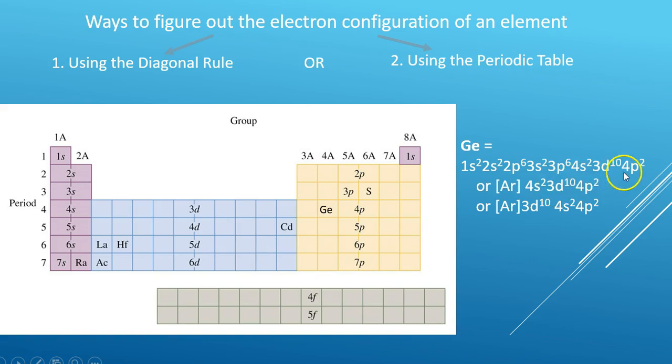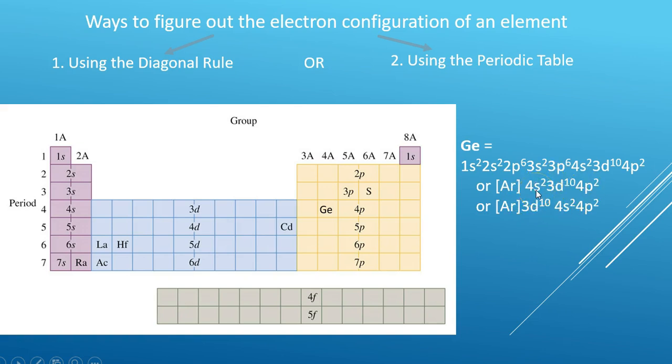And that's exactly what we obtained here. This is your electron configuration if you follow that order. Now you can abbreviate it by using the noble gas notation. So the previous noble gas to germanium is argon here with atomic number 18, and then followed by what is left.